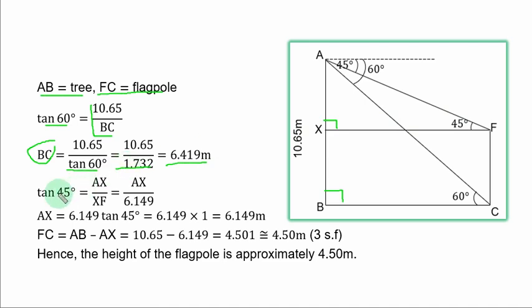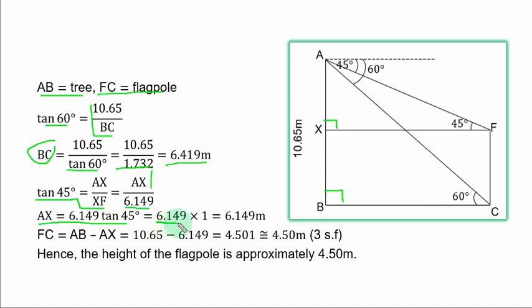So you have tan 45 degrees equal to AS opposite over SF adjacent. AS is what we are looking for now. SF is equal to BC, that is 6.149. To make AS the subject, you multiply through by 6.149. So AS is equal to 6.149 times tan 45 degrees.